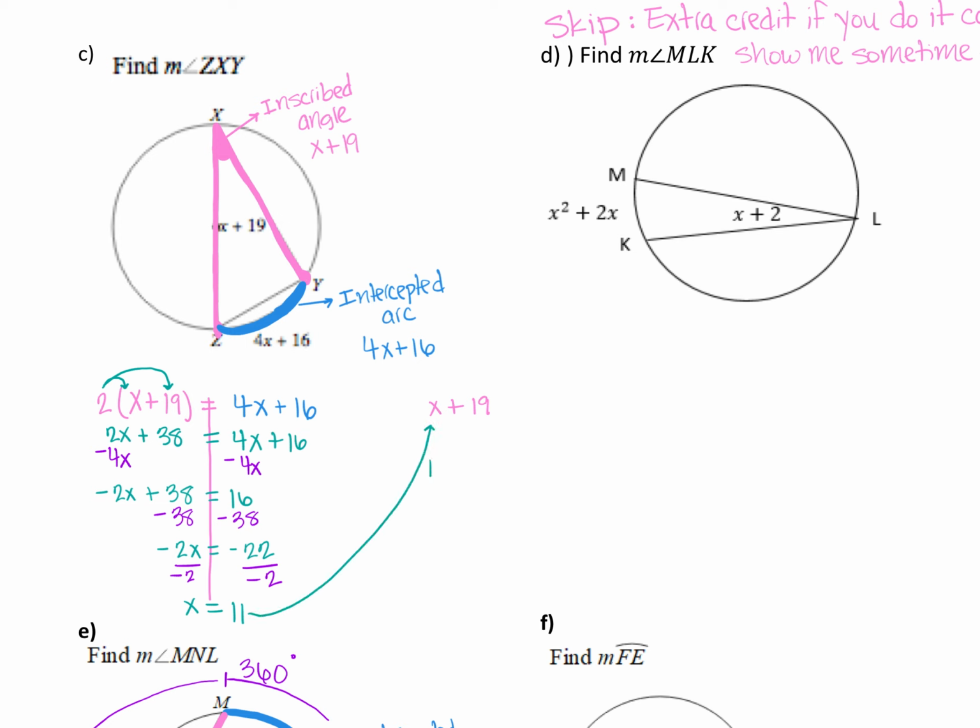So this becomes 11 plus 19, which is equal to 30 degrees. So the measure of our angle ZXY equals 30 degrees.